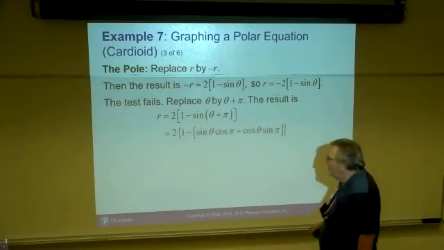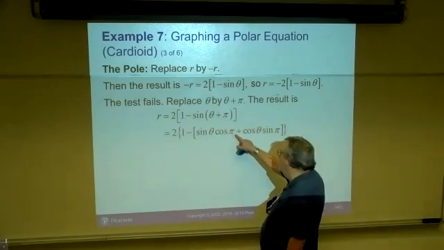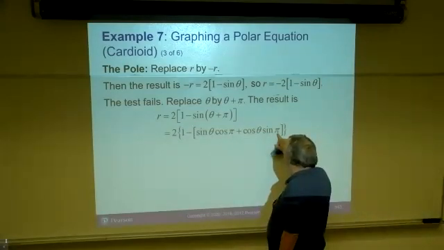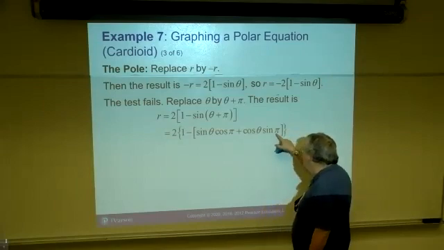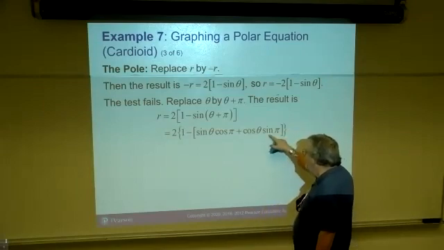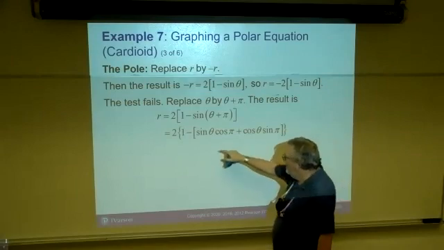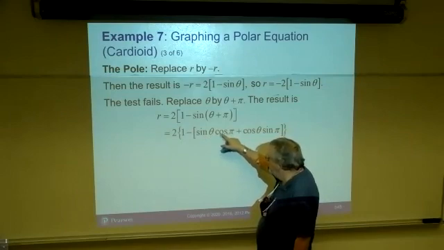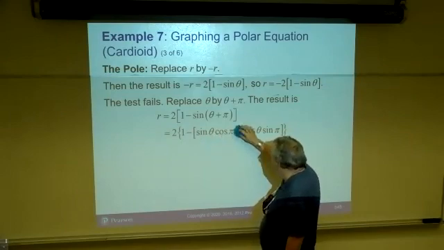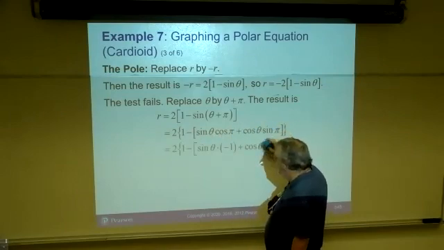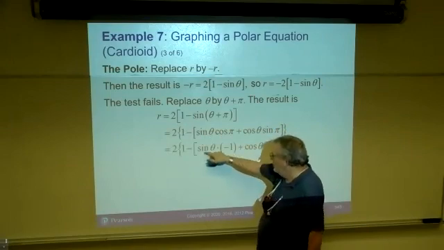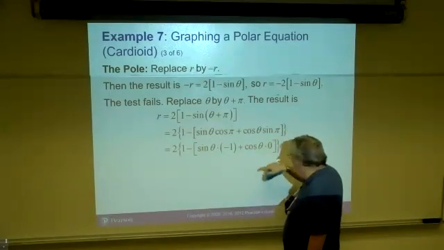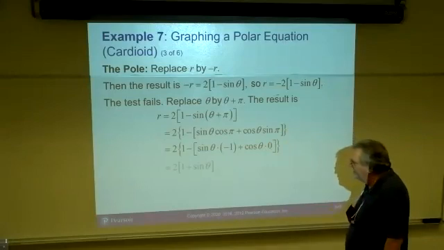But now it's sine times cosine theta plus cosine theta times sine theta. Well, sine of pi is still 0. Oh, wait, but this one is negative 1, so this is a negative sine in here. So this has disappeared, and so you get minus a negative sine because that's 0 there.